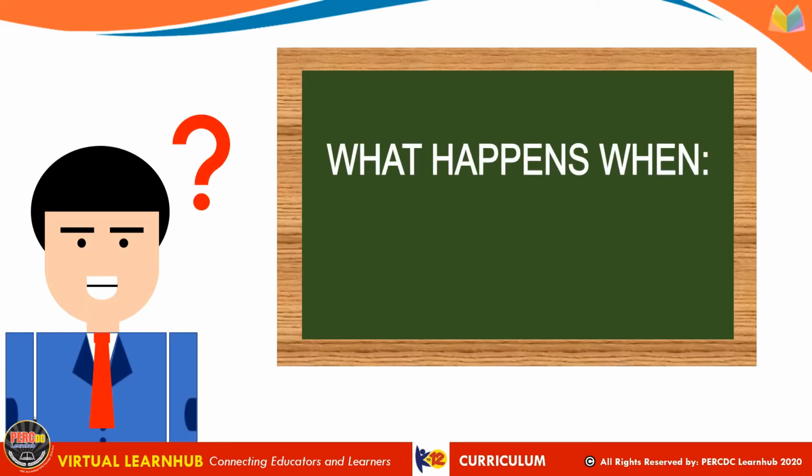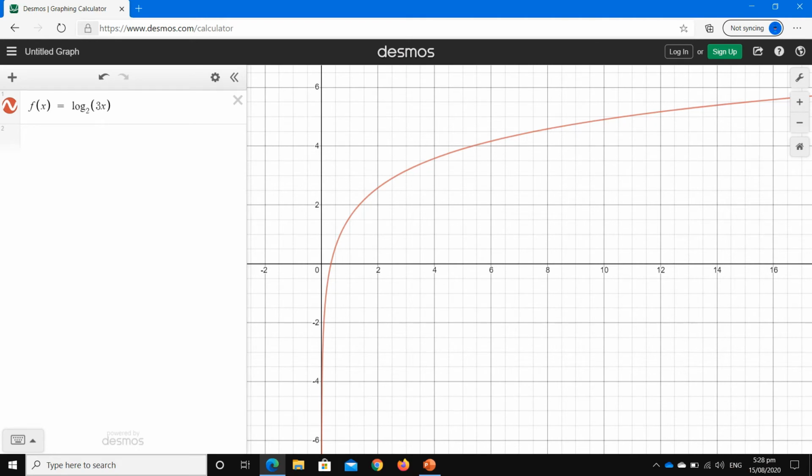Now let's see what will happen when b is greater than 1 and when b is between 0 and positive 1. We already established that b should be a positive number, or greater than 0, for our function to produce real values. But specifically, what will happen to our graph when our value of base is greater than 1 or between 0 and positive 1? In our first example, we have f of x equals log of 3x to the base 2.